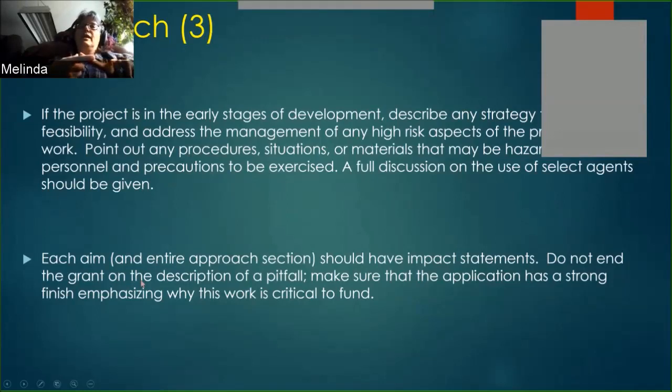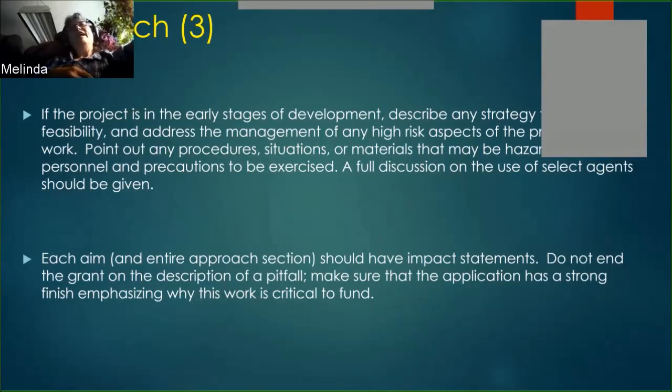Now, I personally recommend that each aim has an explicit impact statement. There's a couple reasons for this. One is that you have to put this pitfalls and alternate approaches section. It's really easy for the last thing the reviewer reads to be a pitfall or a reason that it's not going to work, which is just bad emotionally and intellectually. So if the last thing they read in your aim is the impact, in other words, why is this important, then they're like, oh, they are going to do this.